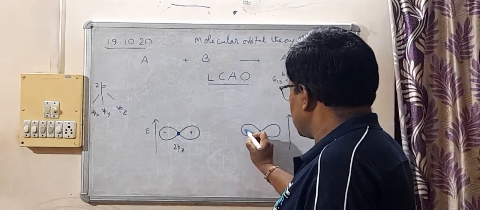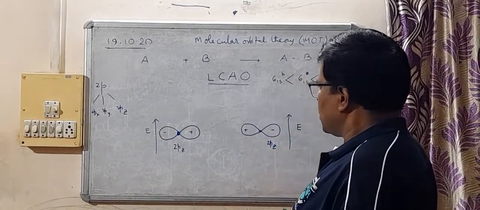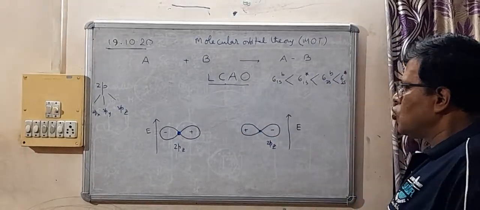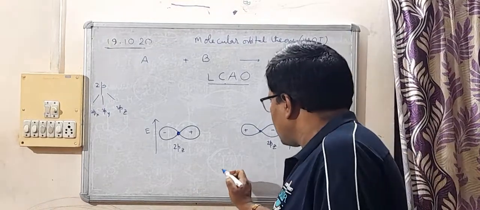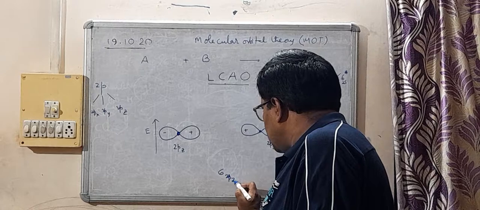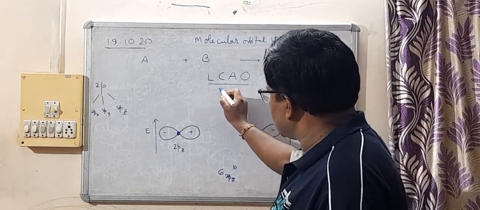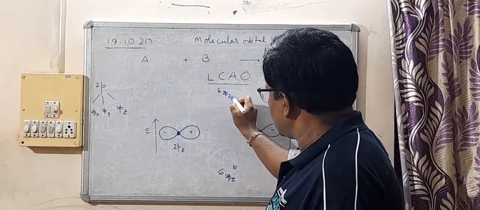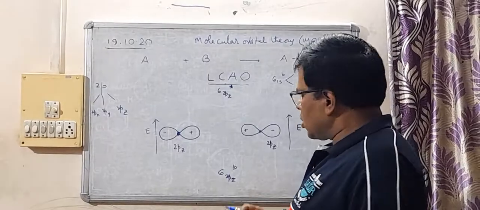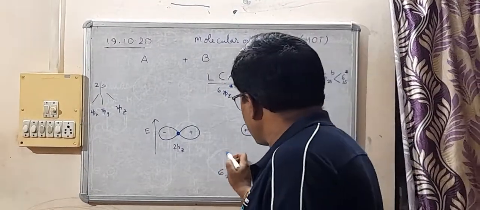So this is plus, this is minus, this is also 2pz. So now these two combine and form two molecular orbitals. One molecular orbital is called sigma 2pz bonding molecular orbital, and the other one is sigma 2pz anti-bonding molecular orbital. Now I am drawing the shapes of these orbitals. First this one.